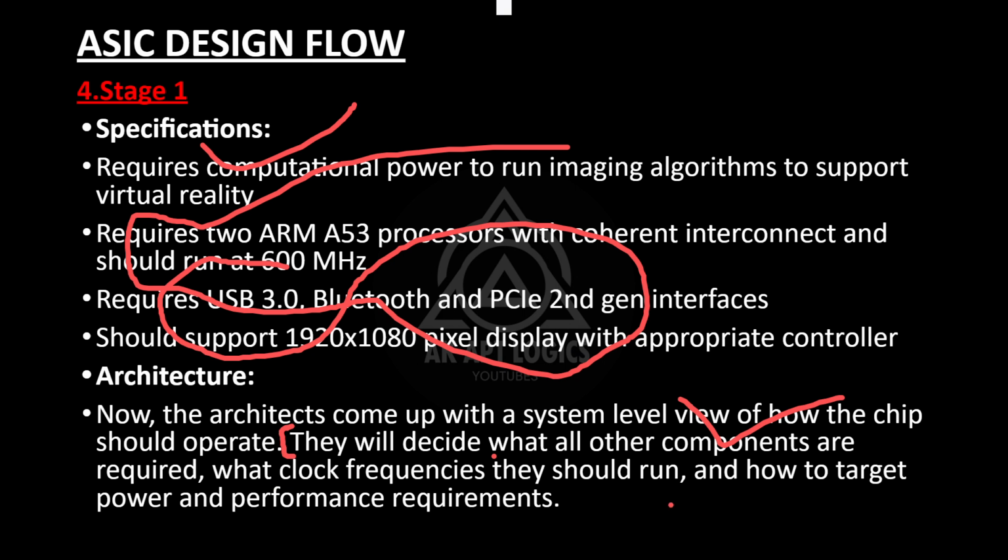What clock frequency they should run at, how to target power and performance requirements. They are able to reduce the power and improve performance by removing some of the modules which are unnecessary, or whose work will be replaced by some other module.